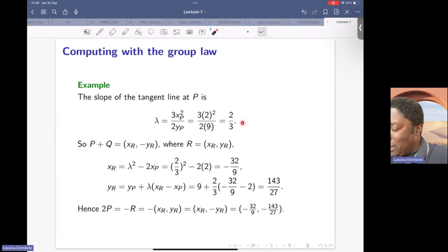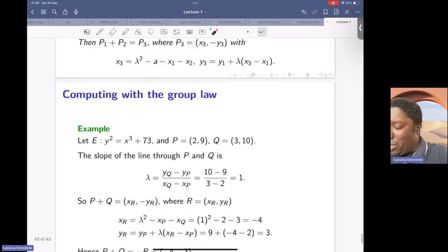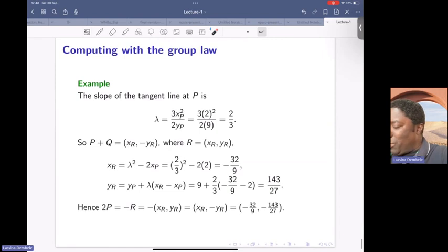So in that case, this is my slope, which is given by the tangent formula. And then I can compute my point using the proposition that we just saw. And in that case, the point you recover is this one. So there are a few more examples in your lecture notes that you can practice with.